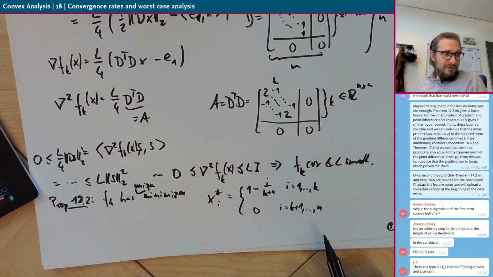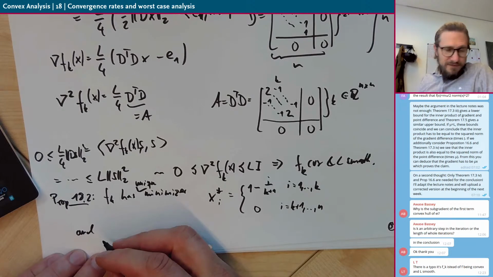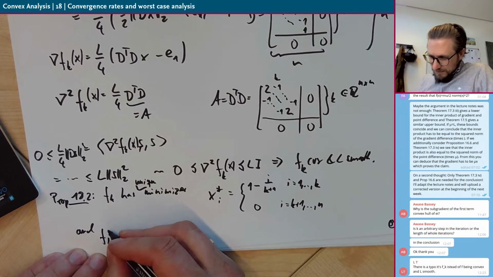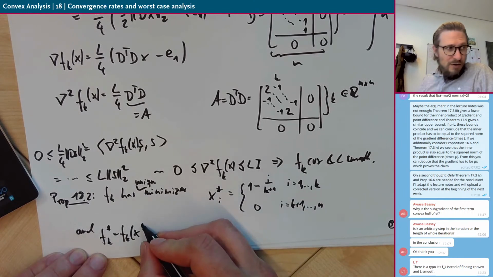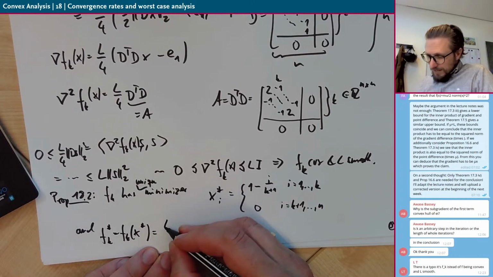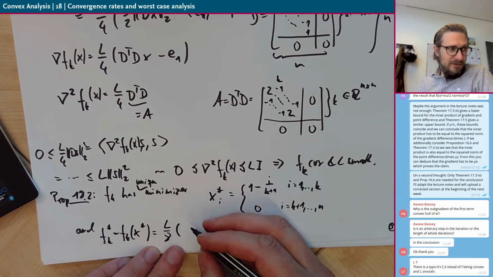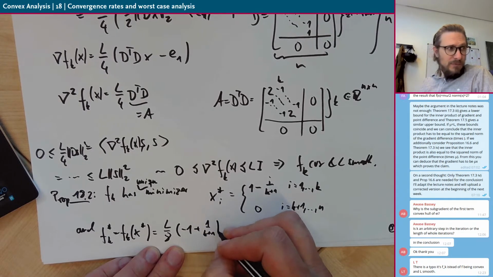So that's the minimizer. And the optimal value is denoted by f_k star, which is f_k of x star, and this gives us L over 8 times minus 1 plus 1 over k plus 1.